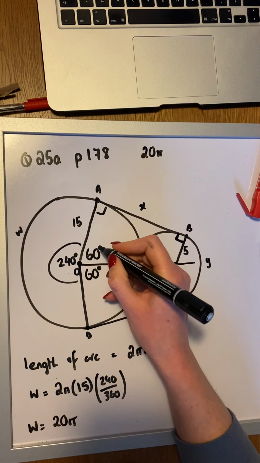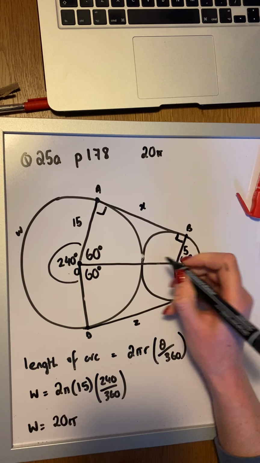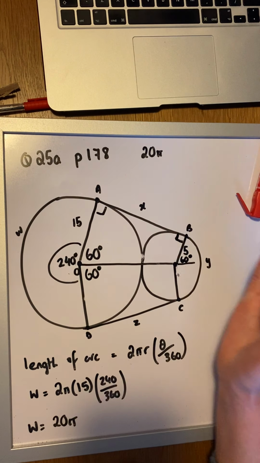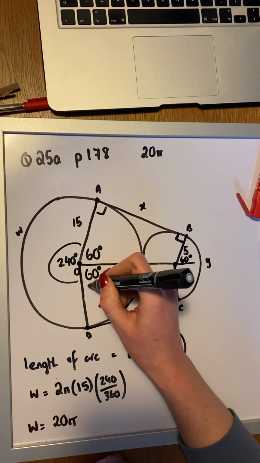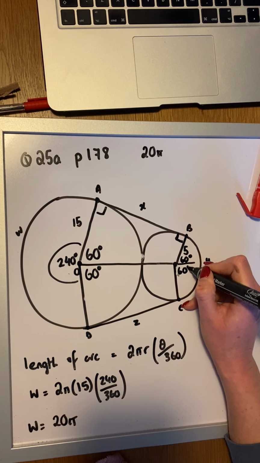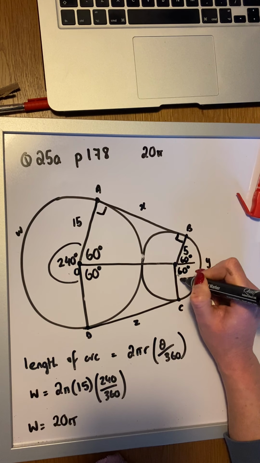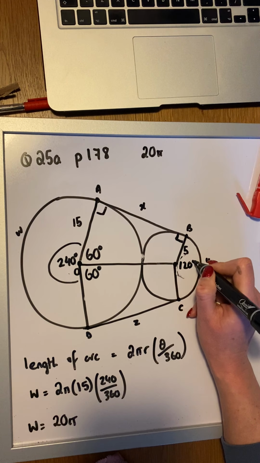So that means that if this angle is 60 degrees, this angle out here is also 60 degrees because they are corresponding angles on parallel lines. So if this is 60, again, using the same knowledge, we know that this angle down here is also 60. So the angle in the arc altogether will be 120 degrees.